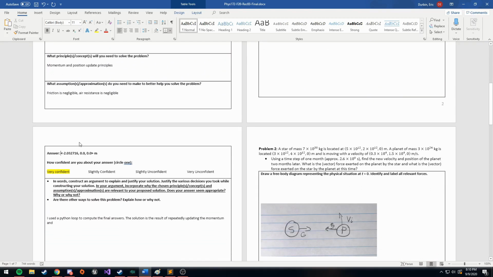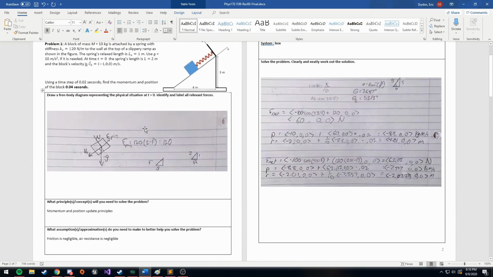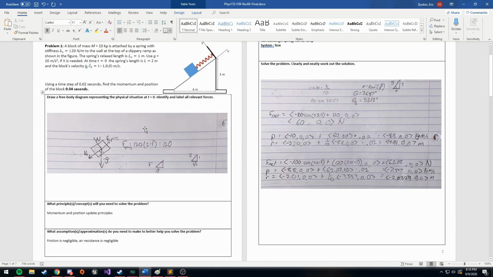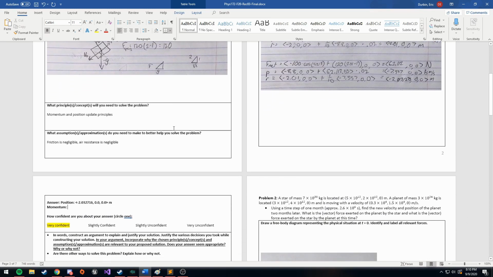By the way, for answer 1, we need both momentum and position, for problem 1. Isn't that what we did? I just wrote down position. We solved them both, but I wrote down just position.